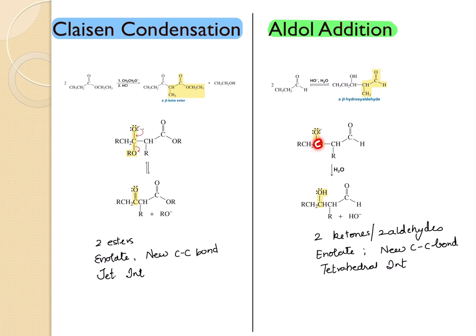And therefore they're not going to leave as these electrons come in. Therefore, this O minus is going to abstract the hydrogen from the acid and form the final product.